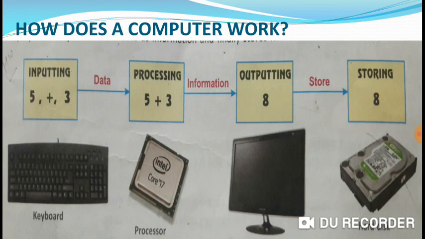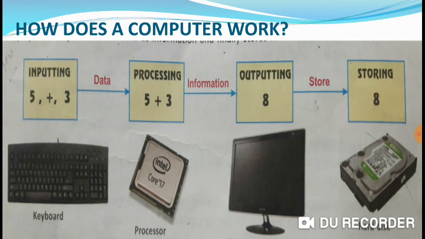So this 5 and 3 through the keyboard will travel to the processing unit, that is the CPU, in the form of data. The data is then processed by the CPU and the result is given to the output unit, meaning the monitor, in the form of information.